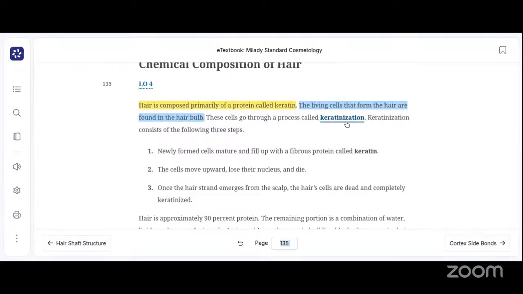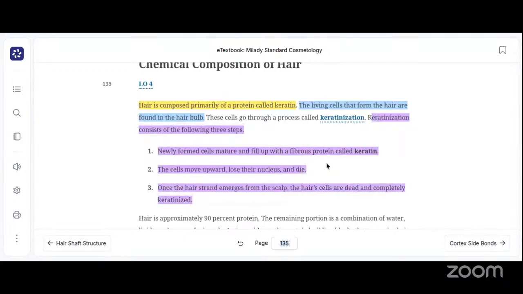Do I need you to understand what that is? Yes. It says keratinization consists of the following three steps. So this is building the hair, creating the hair, forming what you see as hair. Newly formed cells mature and fill up with the fibrous protein called keratin. The cells move upward, lose their nucleus and die.